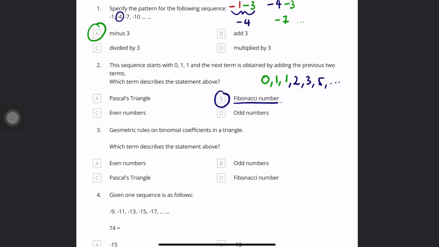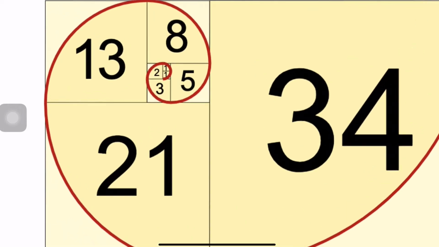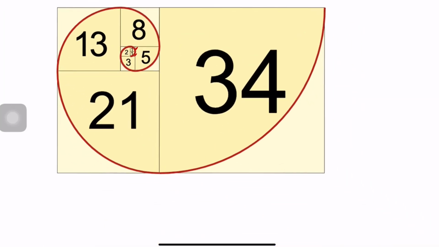So this is an example of Fibonacci numbers, where 1 plus 1 is equal to 2, 2 plus 1 is equal to 3, and then 3 plus 5 is equal to 8, 8 plus 5 is equal to 13, and so on. So this is a Fibonacci pattern.